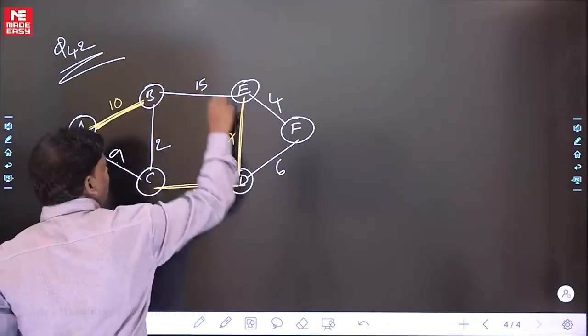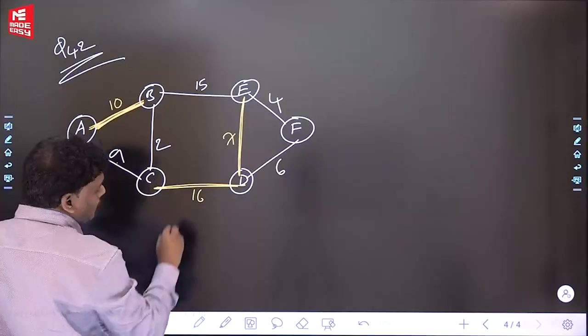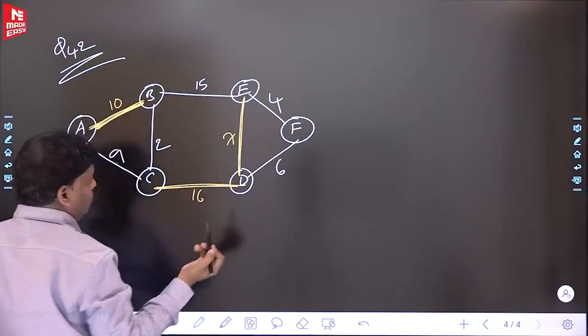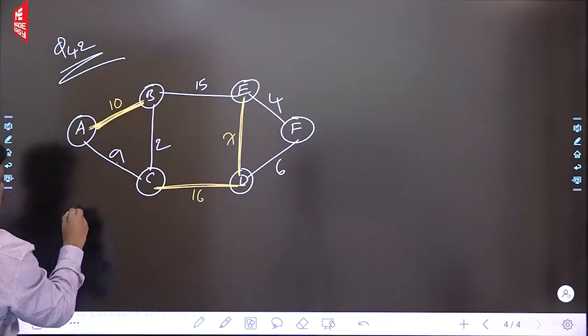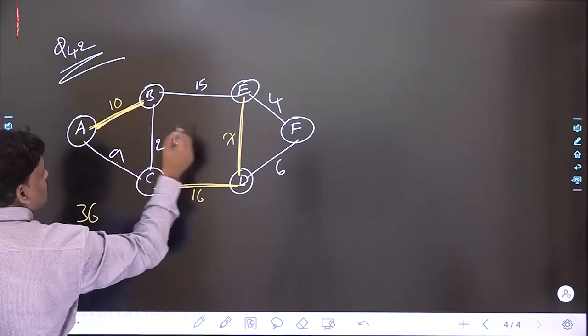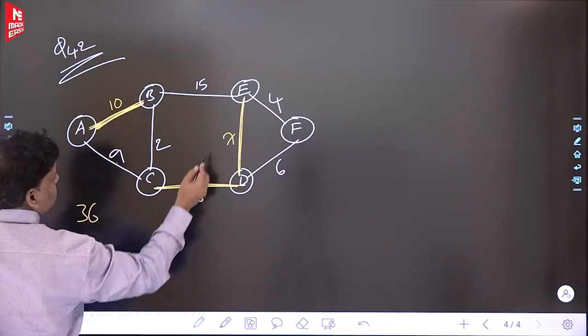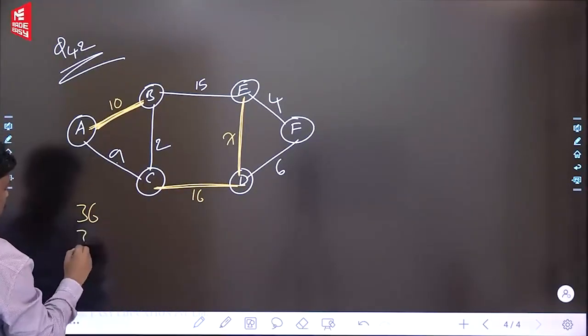Can you help me in this cycle? Larger one, 15. It should be more than 15, so 16. After writing the 16, please check, is there any 16 there? No. So finally, what is the answer? 36 is already the MST cost. Plus the 3 edges you added: 10 plus 7 plus 16. 10 plus 16, 26 plus 7, 33.